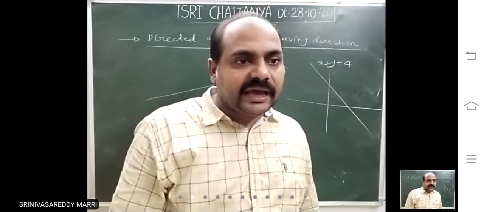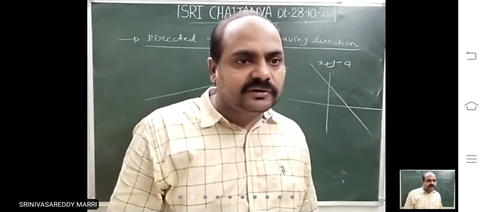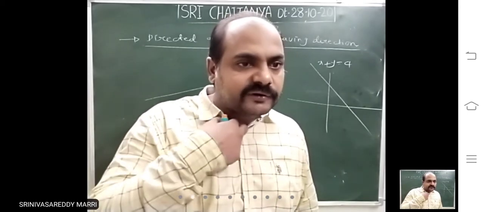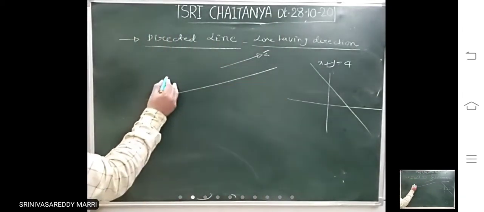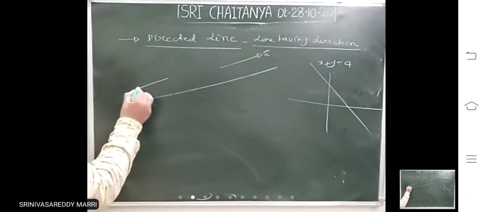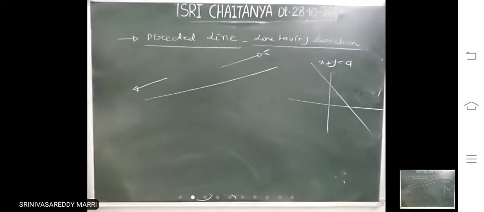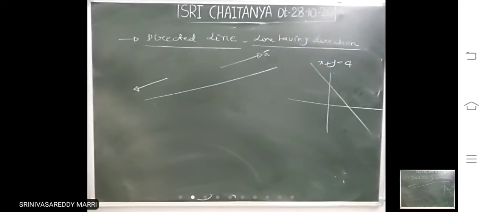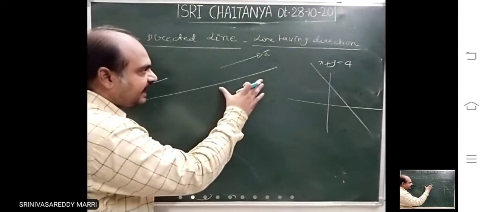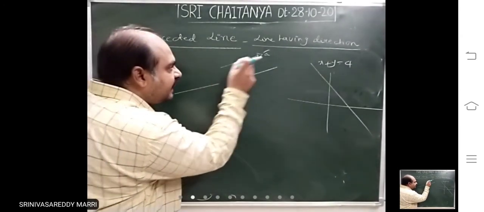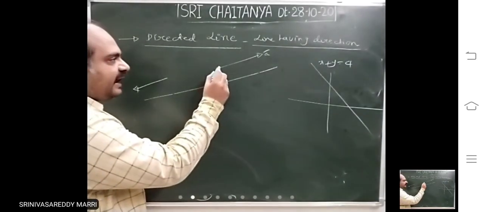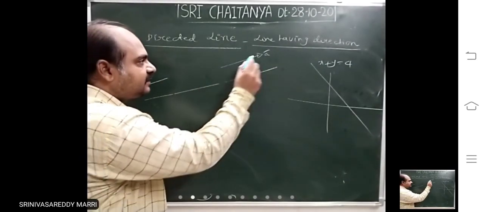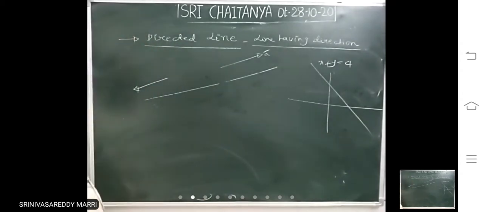Suppose I have asked to draw the line to northeast direction from east to north. Suppose this is north to east. Then you will draw the line like this, in east to north. But the line is the same. That means for a particular line, if this is one direction, this will be another direction. If I asked you to draw parallel to this in this direction, you will draw this line only.